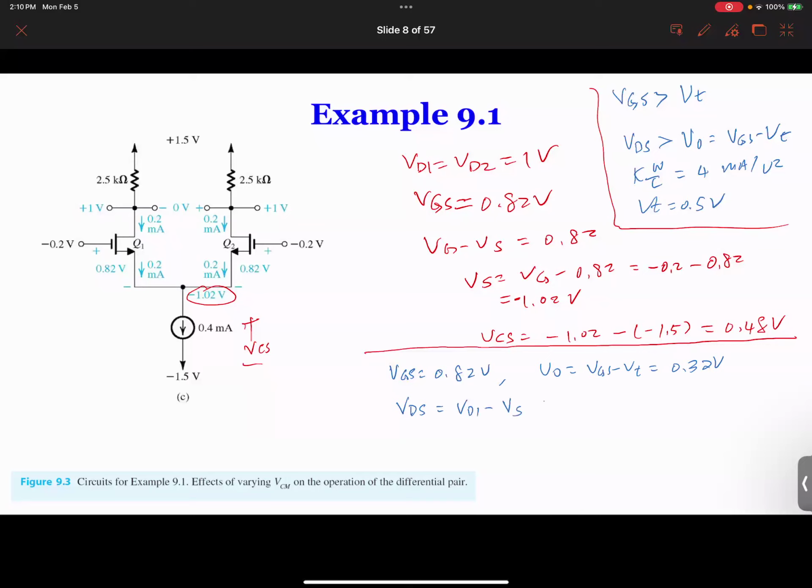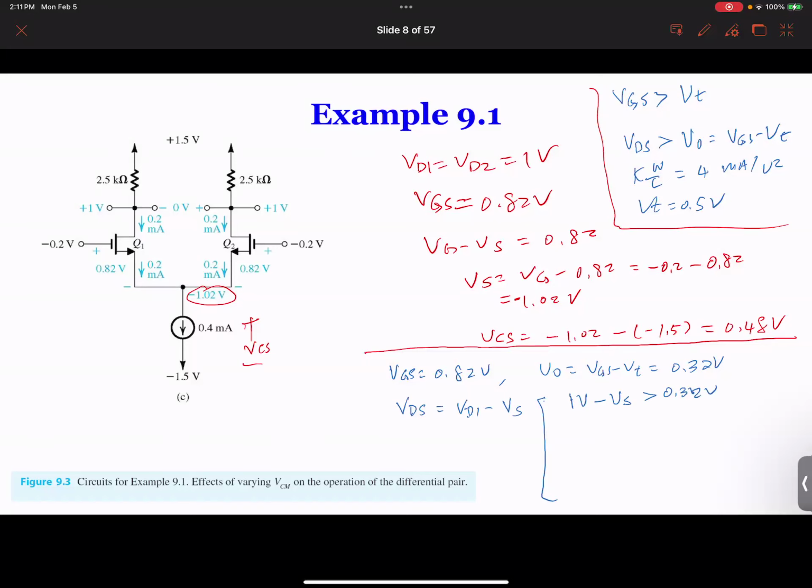And so now we can calculate to see which one. In this case, we have to make sure that VDS is larger than VO. VD1 is calculated to be 1 volt, and minus VS has to be larger than, this is not VO, this is VDS. So VDS has to be larger than 0.32 volts.